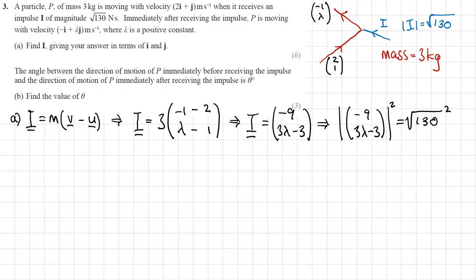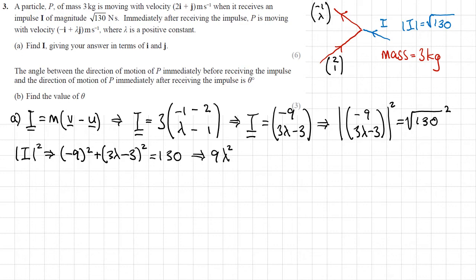So the size of the impulse squared is going to be -9 squared plus (3 lambda minus 3) squared, which is equal to 130. Expanding the brackets and simplifying, I'll get 9 lambda squared minus 18 lambda minus 40 is equal to 0.